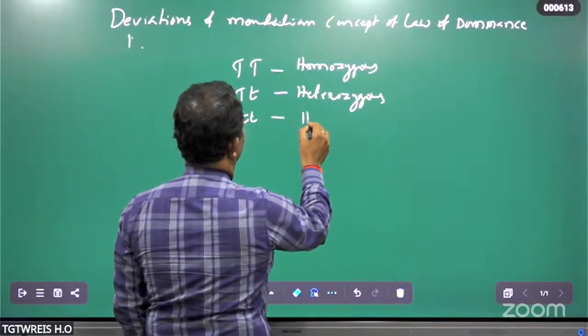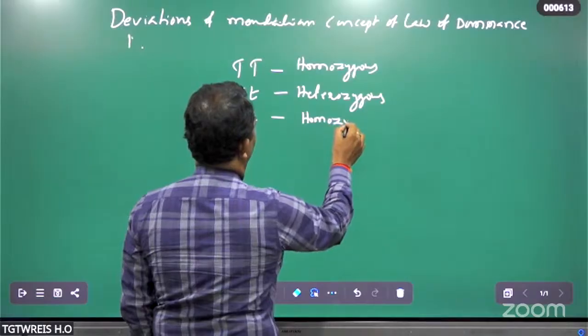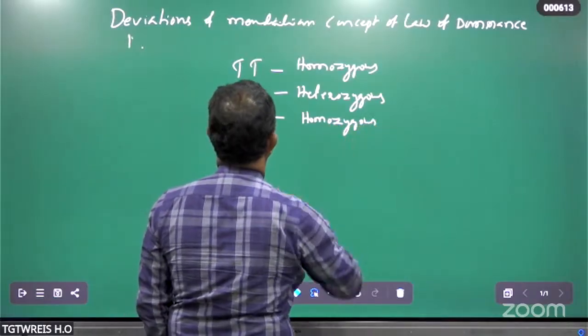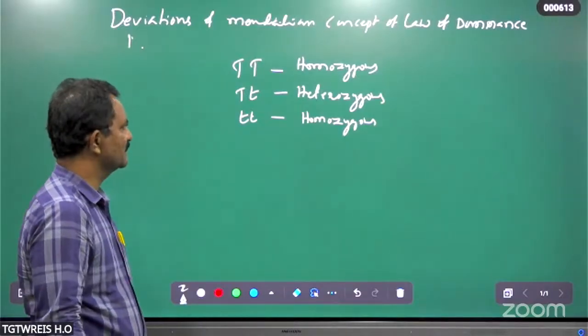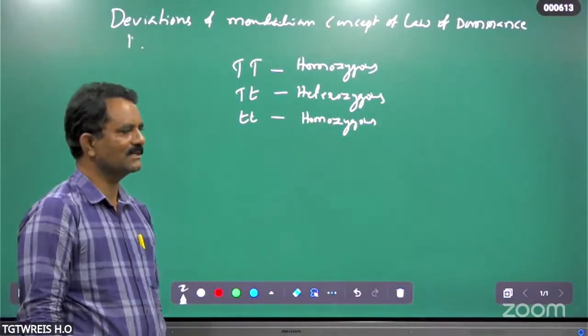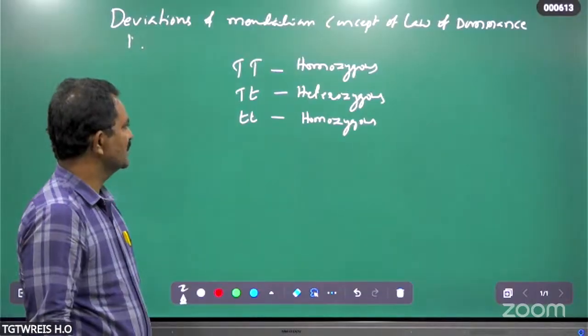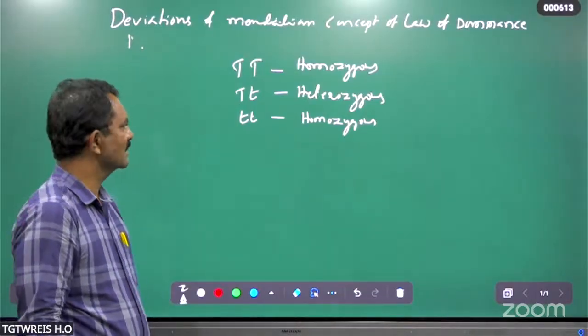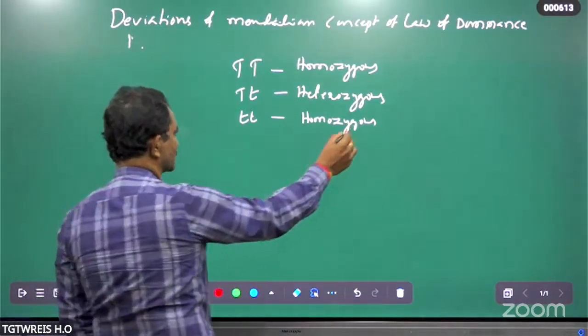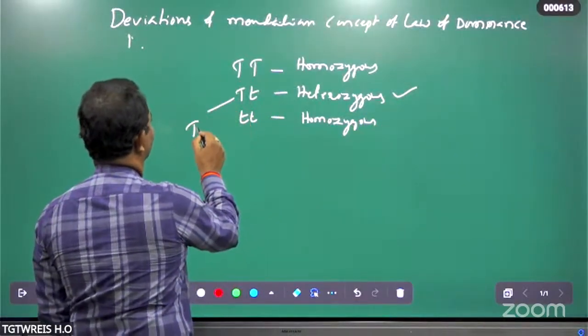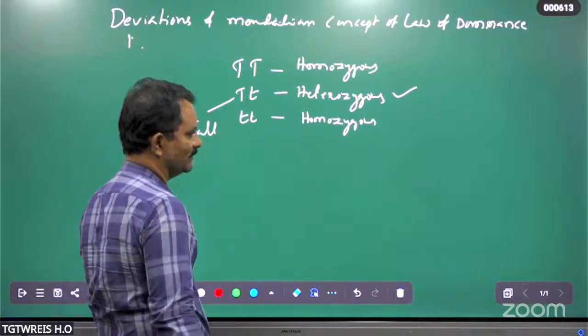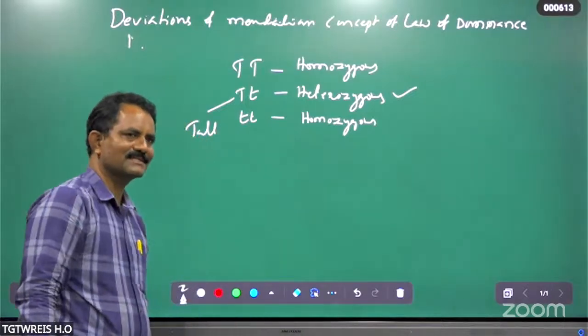This is also the homozygous condition. Homozygous is nothing but pure; the genotype and phenotype are the same. When genotype and phenotype are different, that is called heterozygous. In the heterozygous condition, we can see only the tall character, the tall phenotype.